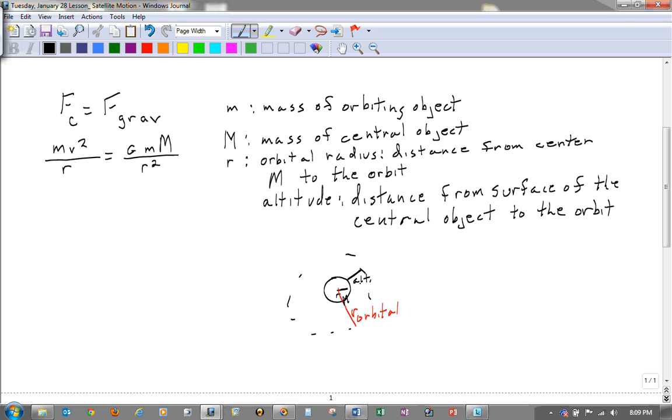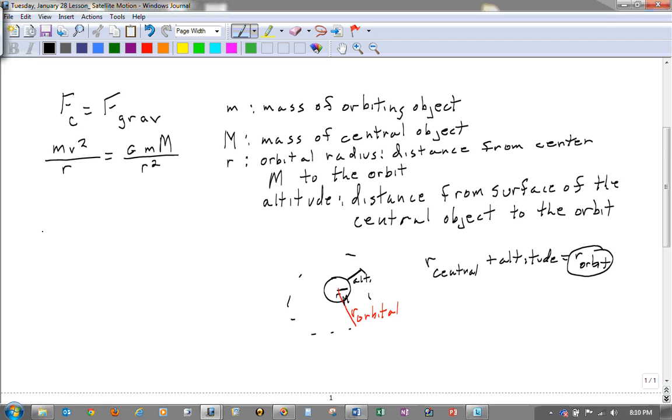I'll just say r of M. And of course, the radius of the central object plus the altitude is going to be equal to the orbital radius, which is what you want to use in all the formulas. So looking at this, we can isolate and solve for velocity or the acceleration.